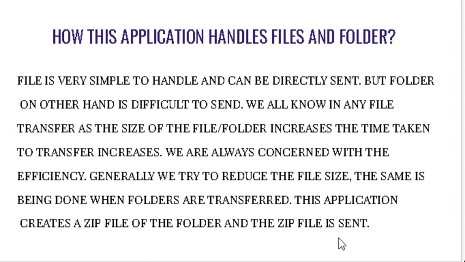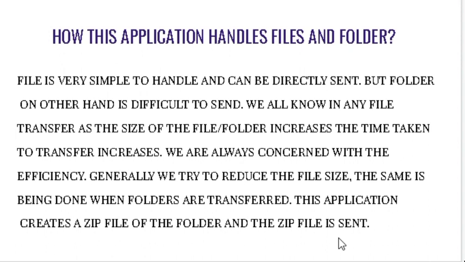So that's what is happening with this QR code also. As I said before, the folder is of huge size, so when a folder is being transferred, the time taken to generate a QR code is very high.